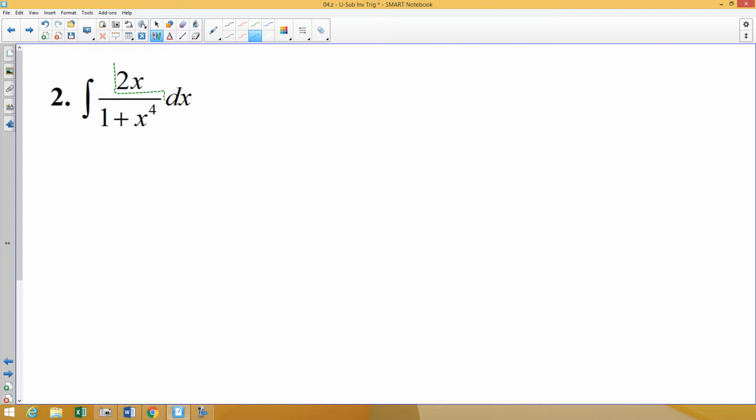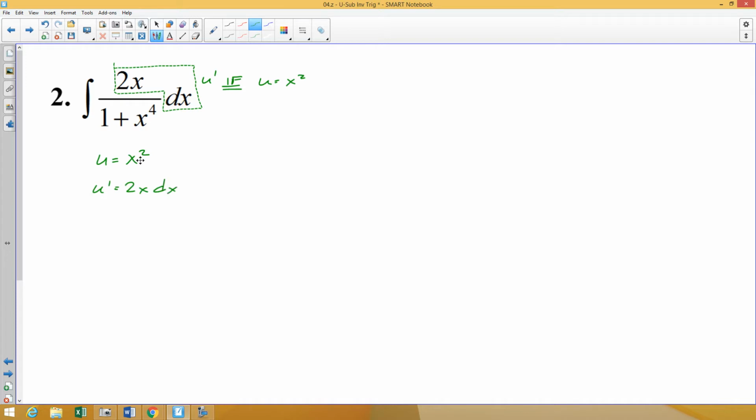I'm looking at 2x dx, and you should recognize 2x as the derivative, that would be u prime, if I could somehow let u equal x squared. So I'm going to attempt to see what happens if I let u equal x squared. If I do, u prime is 2x dx, which is great because that's already in the problem.